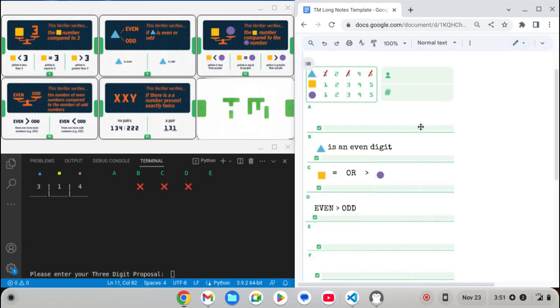So if we had a pair, if they're all distinct, let's see, we could have 4, 3, 2 if circle were even. There just seems to be way too many possibilities.